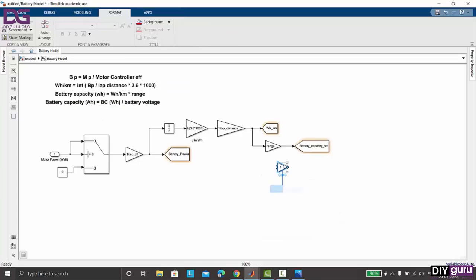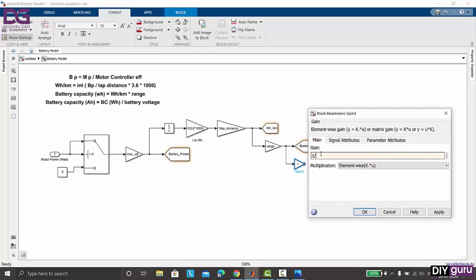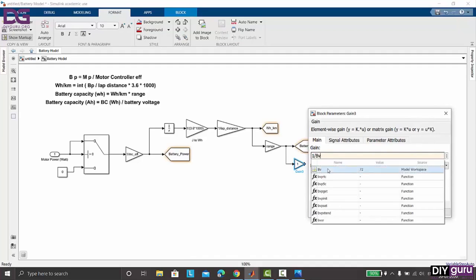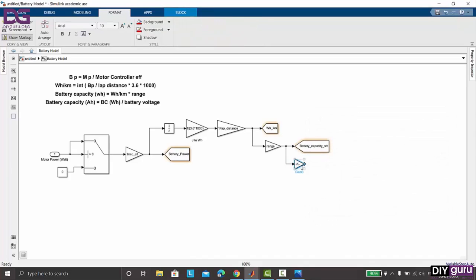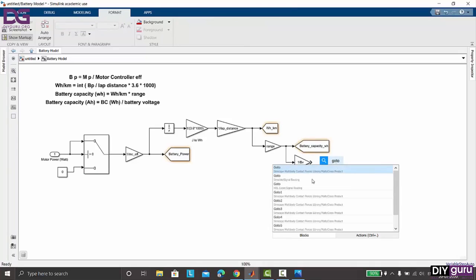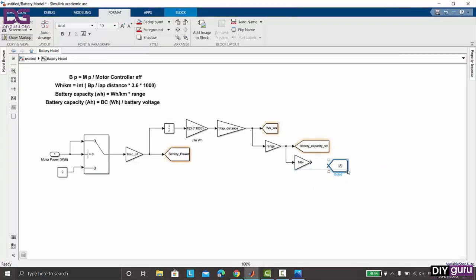Add a gain block, connect the battery capacity in watt hours, divided by battery voltage. Add one go to block, name it as battery capacity in ampere hours.